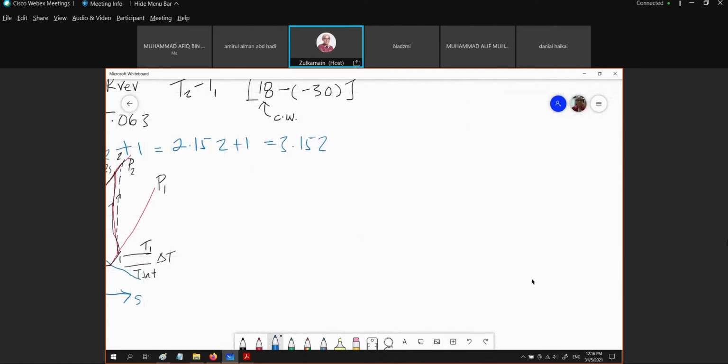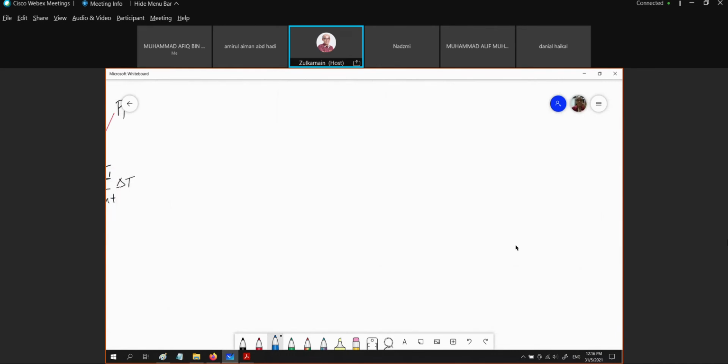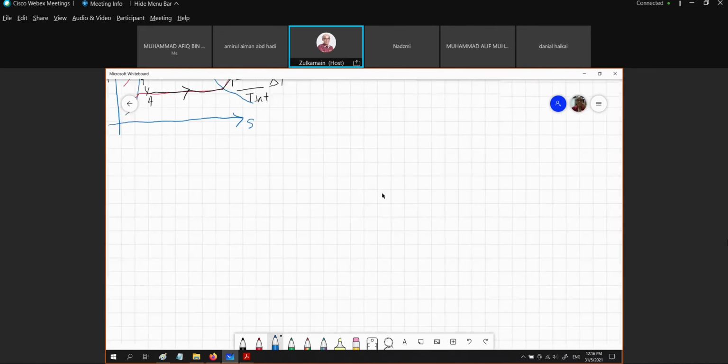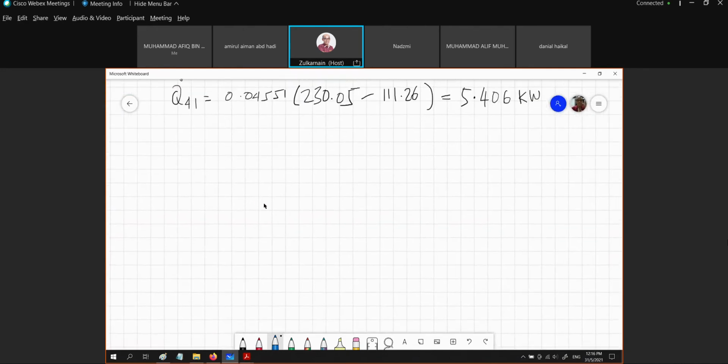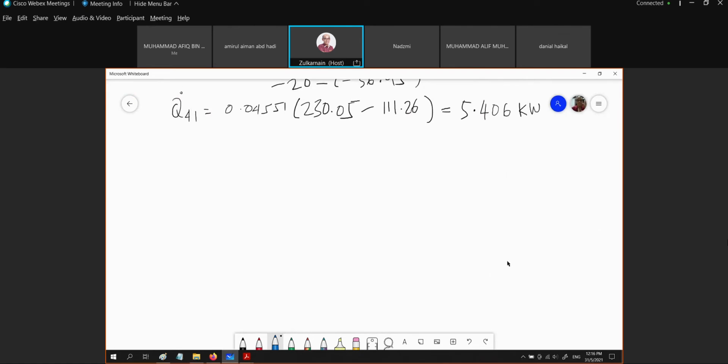Yeah, it's a pressure against enthalpy. So let me continue to the bottom part. Okay. Pressure enthalpy. So let me sketch. We try to look at the profile first. This is called the pressure enthalpy.